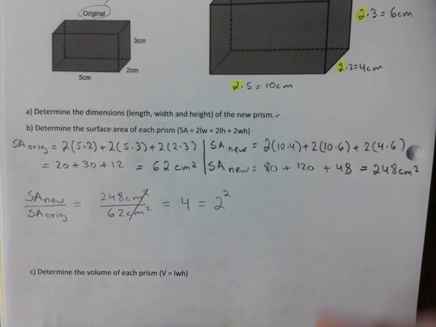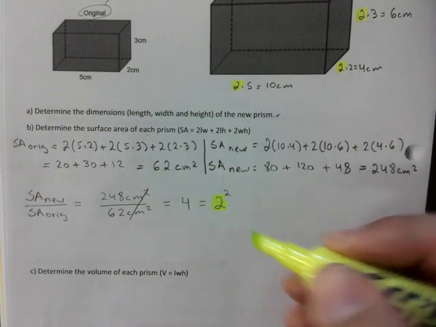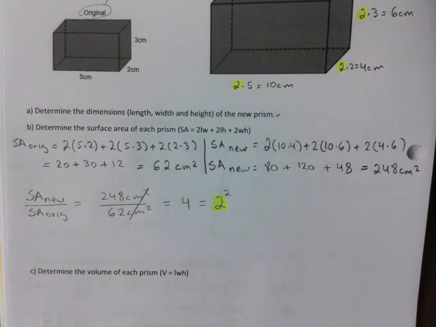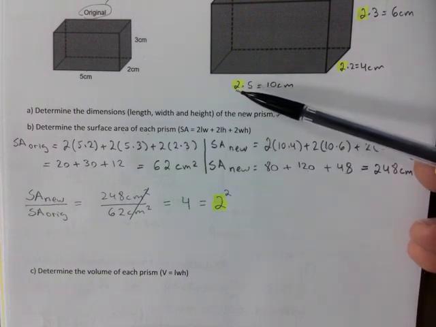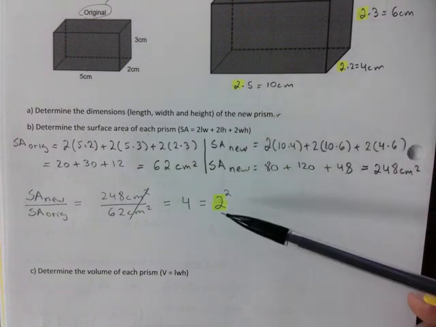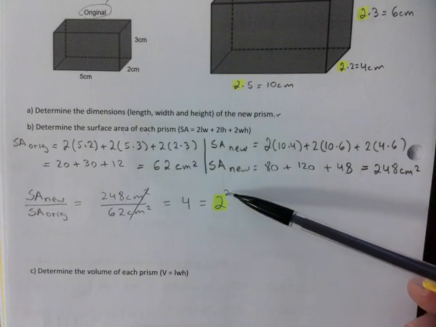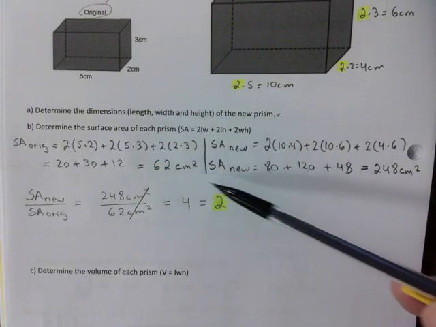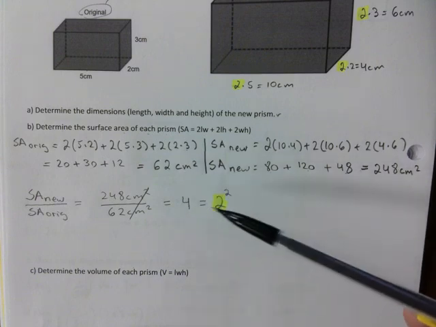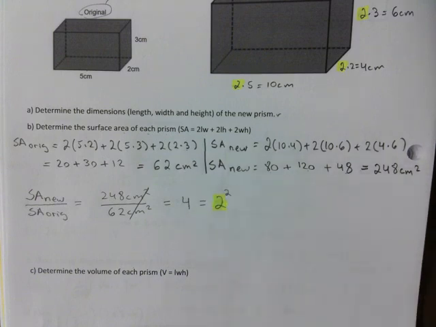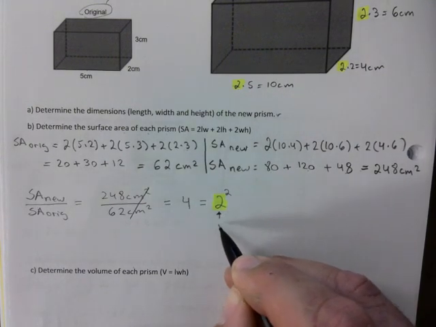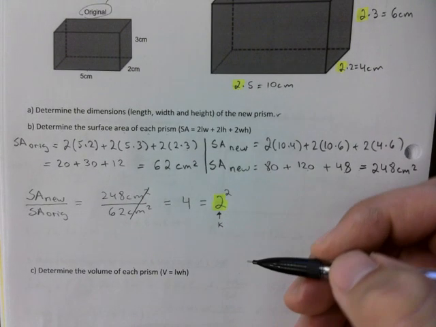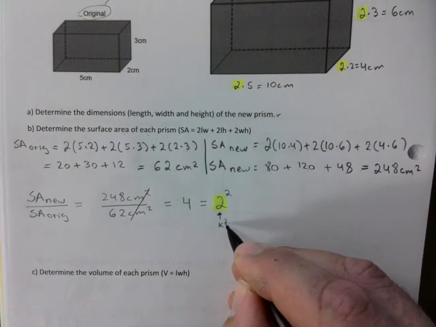I want you to highlight that 2 there, because we remember that was our actual scale factor that was used. So really, if we had just squared it, then we could have said the surface area will be affected by a factor of 2 squared. So I'm going to just say that this is k, so k squared. Let's go k squared.